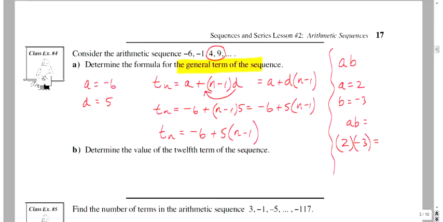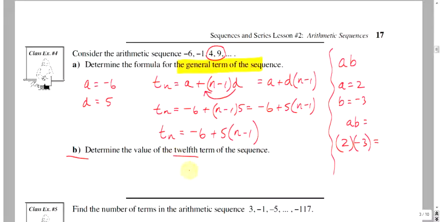Or if I gave you some value like 3012, we should be able to figure out which number in that sequence that value is. This is called the general term of the sequence. With this master formula, we can figure out either or based on the question. Which brings us to B. Determine the value of the 12th term of the sequence.